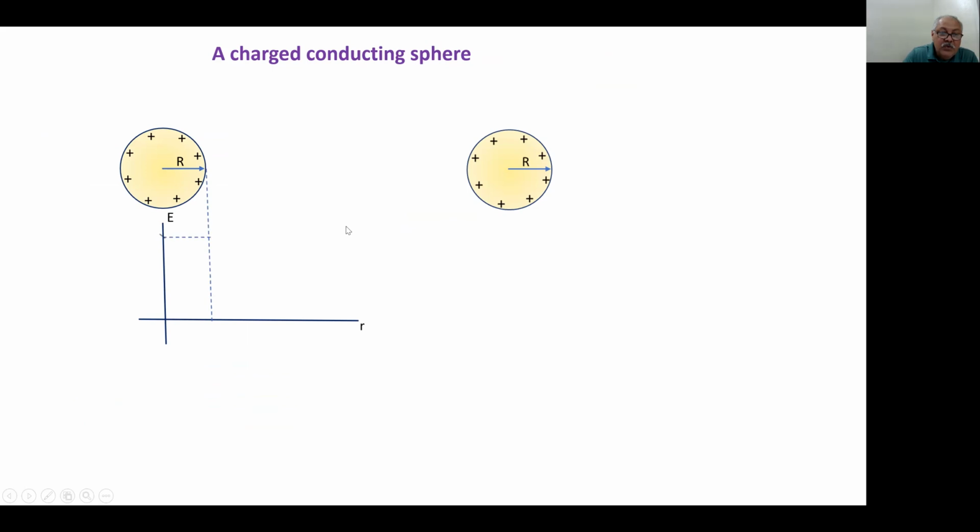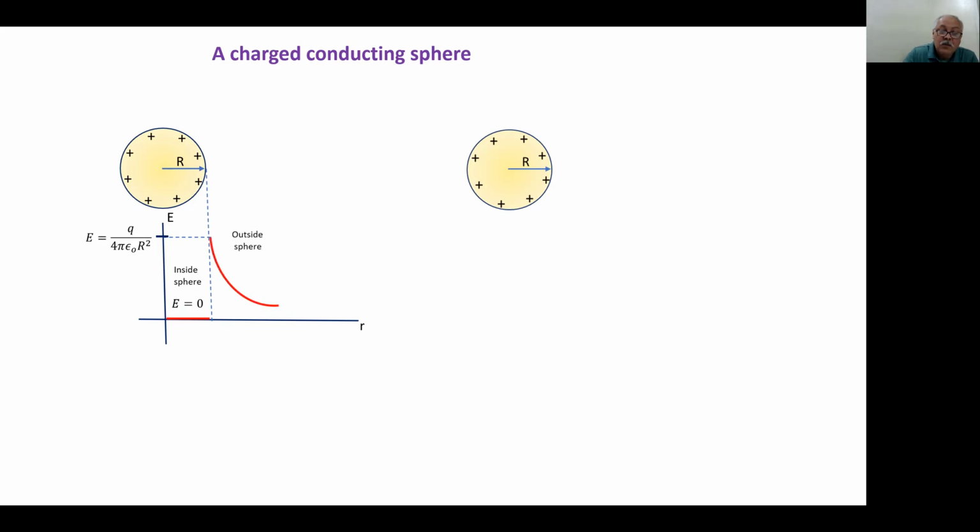Okay, what happens when we're looking for the electric field? On the surface of the charge it's going to have that value, and at the center, inside the sphere, the electric field is going to be 0.